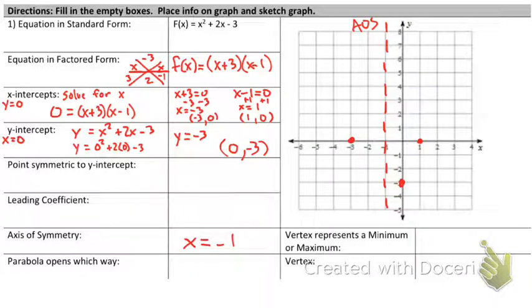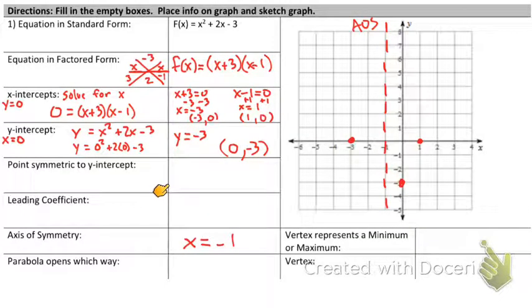Now, let's go back to point symmetric to a y-intercept. So here's our y-intercept. Basically what it's asking is, we want a point and we want to copy it across our axis of symmetry. Remember, whatever happens on the left side of the axis of symmetry, same thing should happen on the right side.